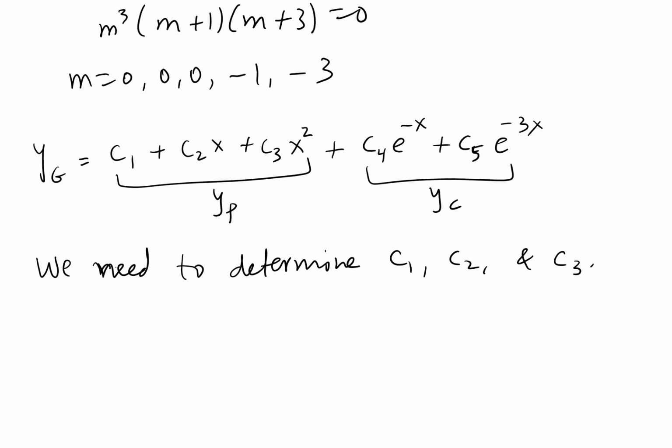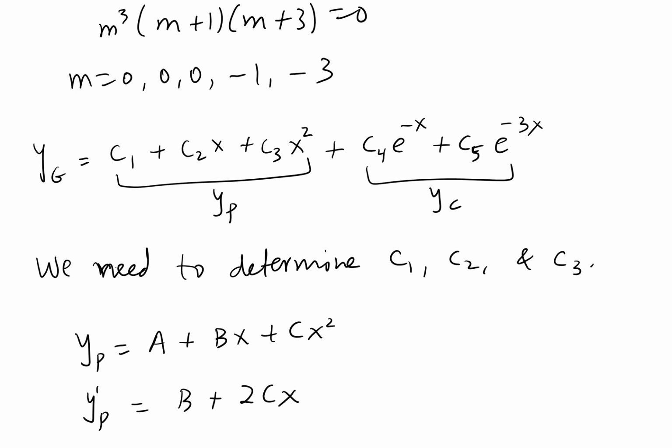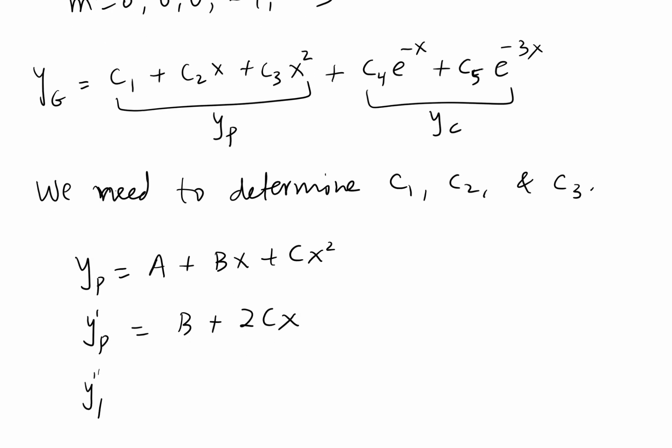We see that this particular solution is a quadratic, so we can take yp to be a plus bx plus cx squared. Then yp prime is b plus 2cx, and yp double prime is 2c.